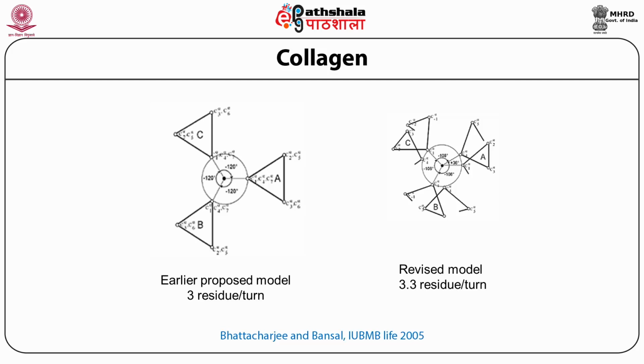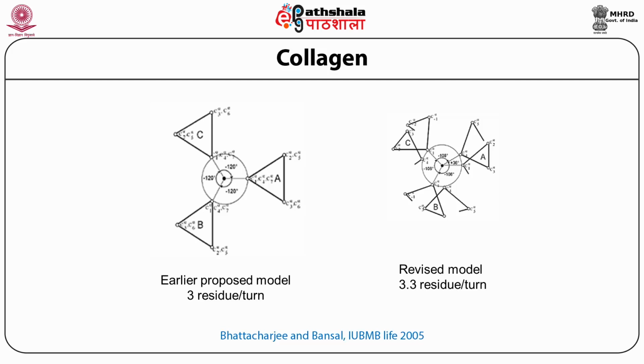People in India, if you ask anyone who first gave the collagen model, they always say Professor Ramachandran. But in the West, when you ask people who gave the collagen model, they always say Crick gave the first model. What people say in India, and what the historical fact seems to be, is that when Ramachandran proposed this model and the paper was sent for revision, it was sent back saying that if all three residues come in the center, there will be crowding and steric clashes where they cannot be accommodated.